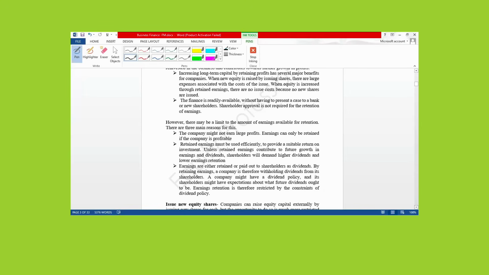A company might have a dividend policy, and the shareholders might have expectations about future dividends. What we are saying is that retained earnings is limited or restricted by dividend policy. Your dividend policy might reduce retained earnings.